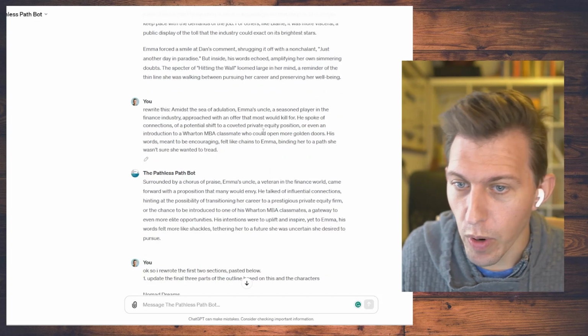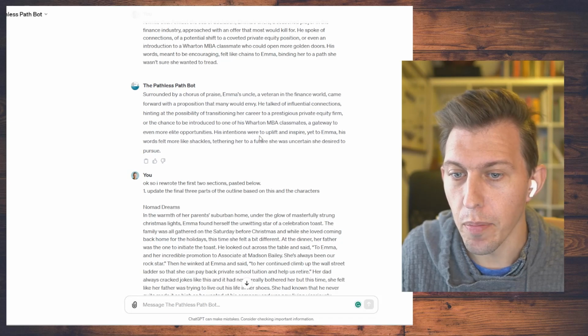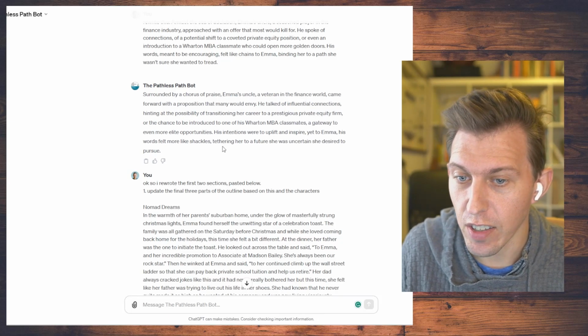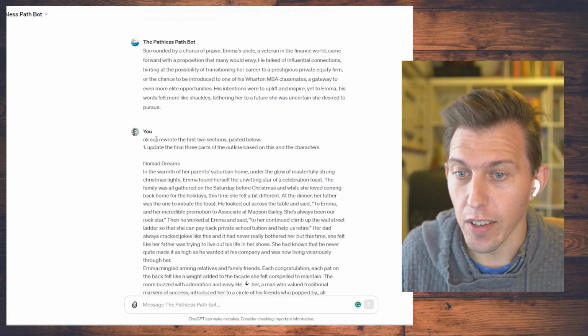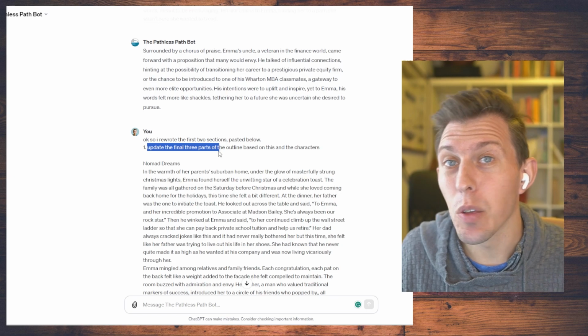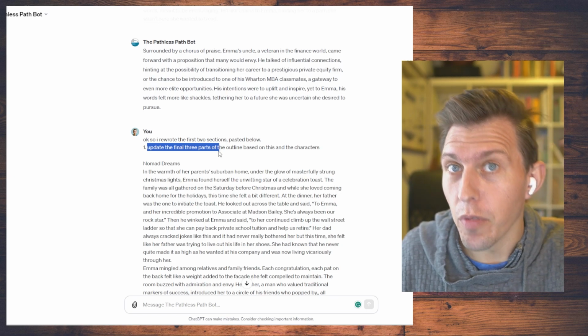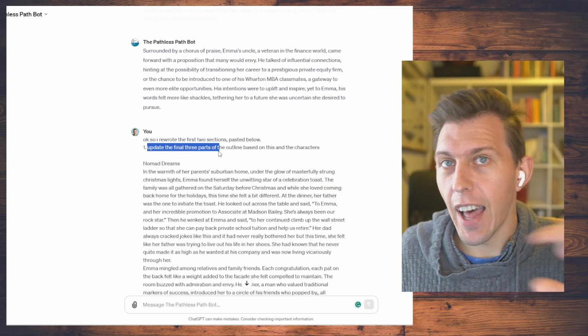So I said, continue writing this, rewrite this. And I loved how it was able to just give me rewritten sections. And then here, what I did is, okay, I rewrote the first two sections, I pasted below. Update the 3 final parts. So from there, all I did was take the third part. I said, okay, add this context.